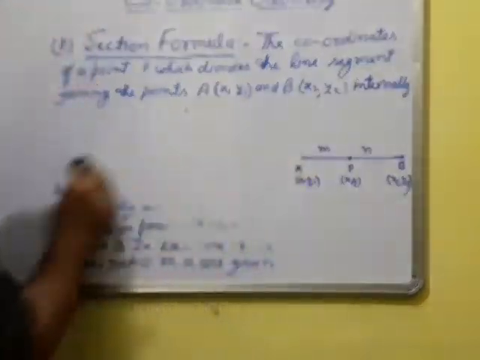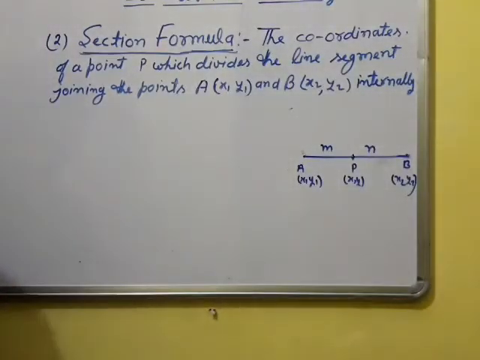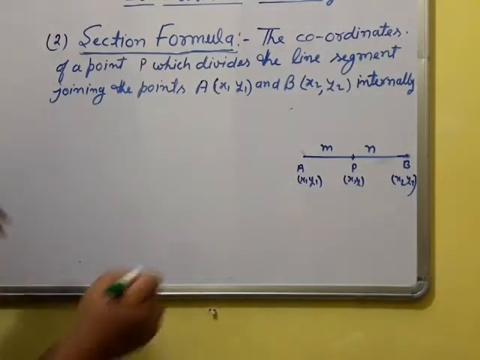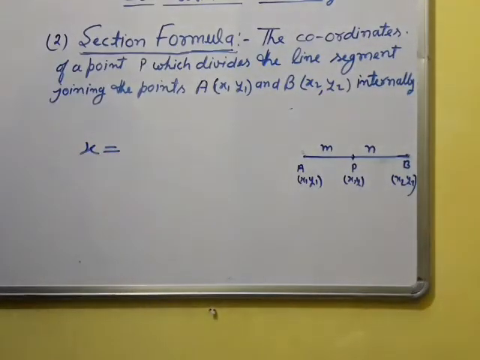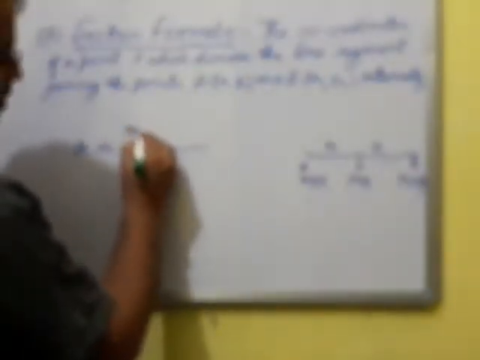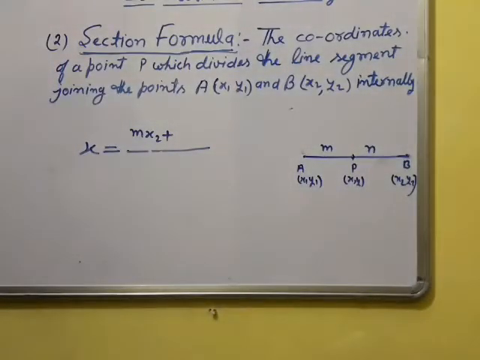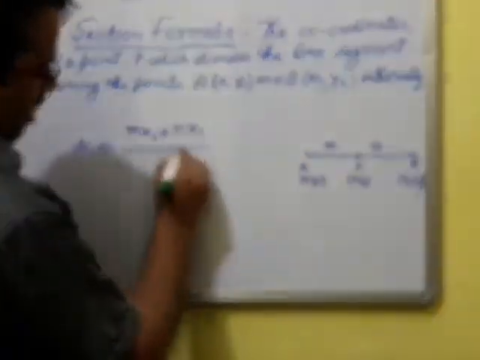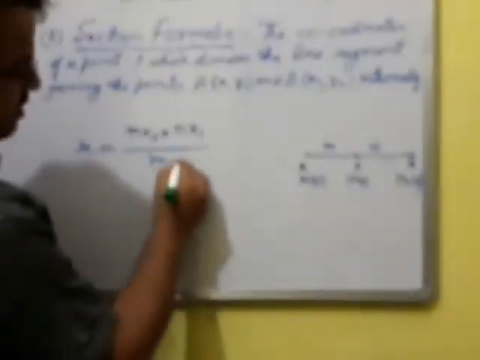Now look here. We find x. x is equal to (m x2 plus n x1) upon (m plus n).